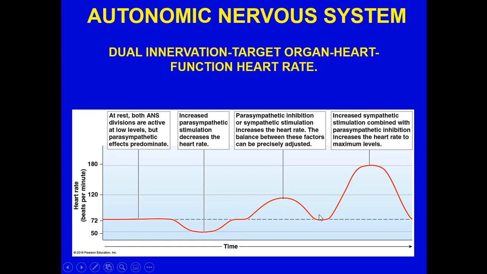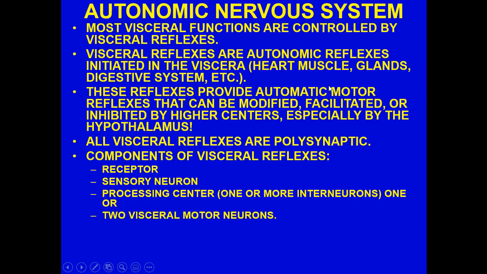If you have sympathetic stimulation combined with parasympathetic inhibition, you're going to have a maximum increase in the heart rate. And that's where Loewi was able to do his work with stimulating the nerves that both innervated the heart, one from the parasympathetic, and one from the sympathetic.